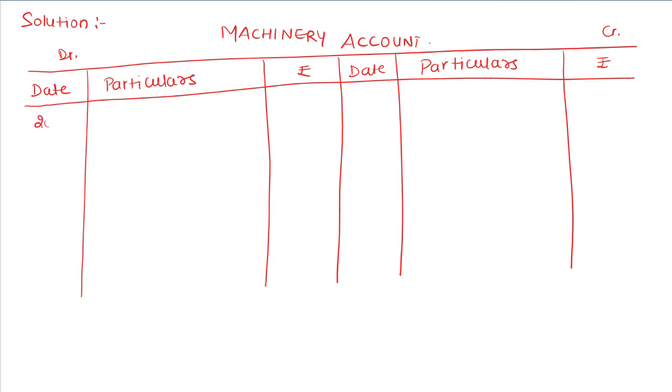Focus on 2015 first. We have purchased the machinery on 1st July. So, to bank account, purchased for 14 lakhs. 1 lakh incurred on the installation.